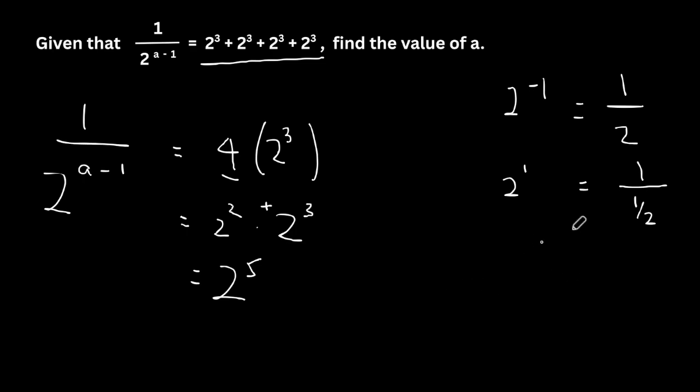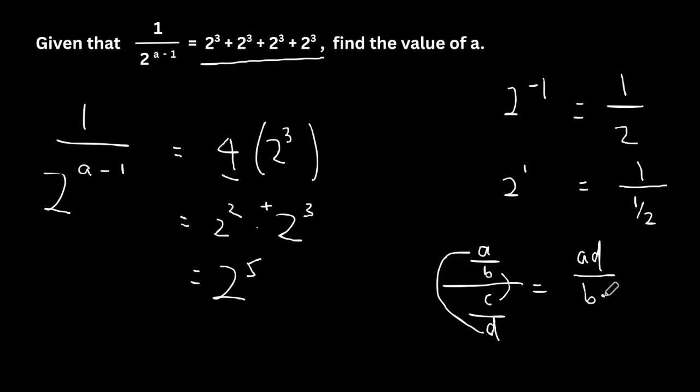The reason for this is because a over b divided by c over d is the same as a d over b c. So this is the same as 1 over 1, so 1 multiplied by 1 and 2 over 1.